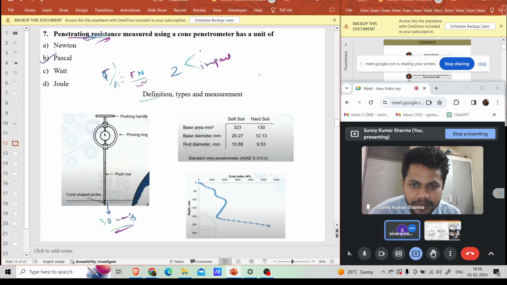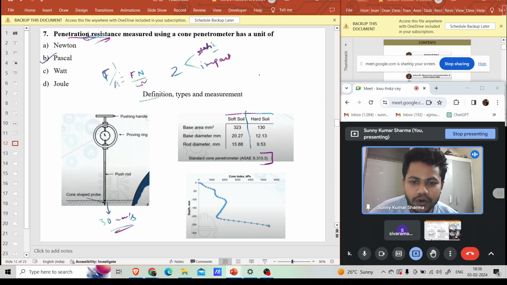Okay, static. And the base area is given by ASAE. This is a standard base area which you can also remember.